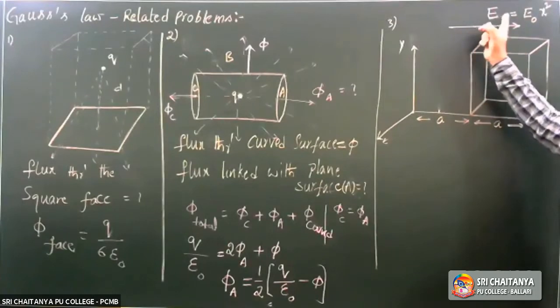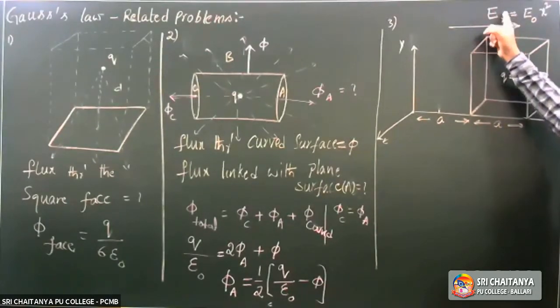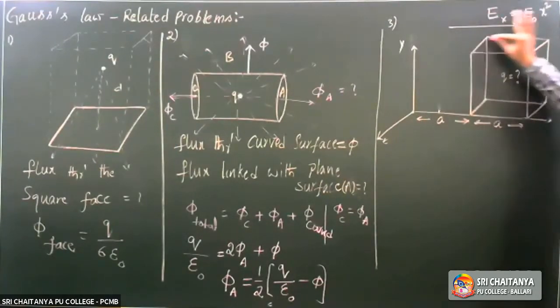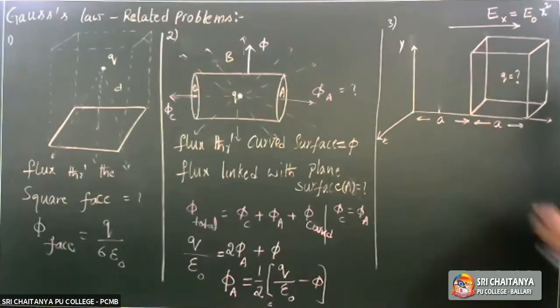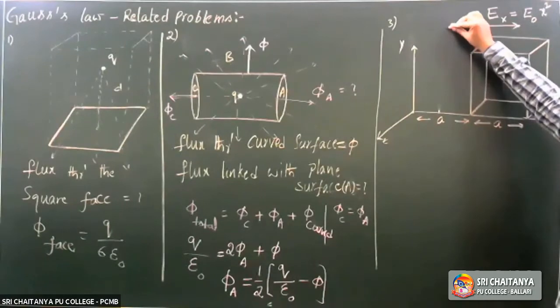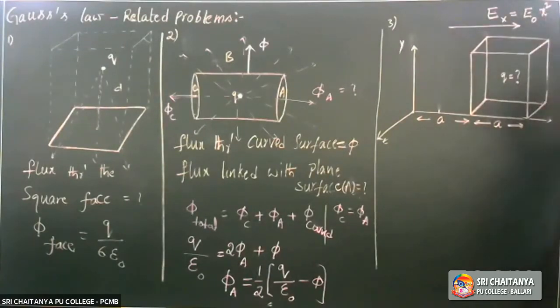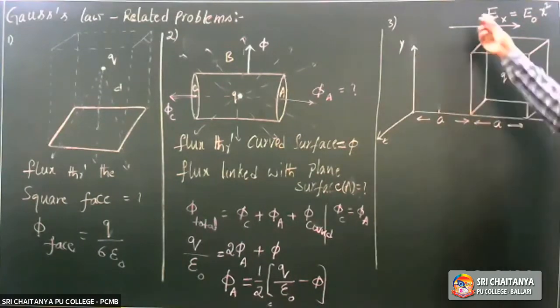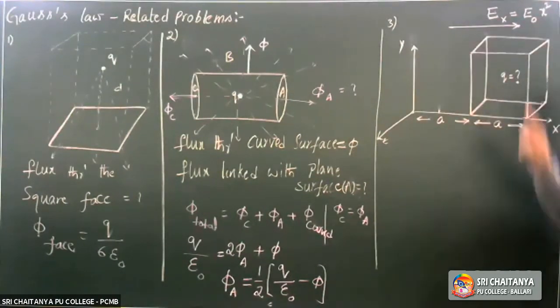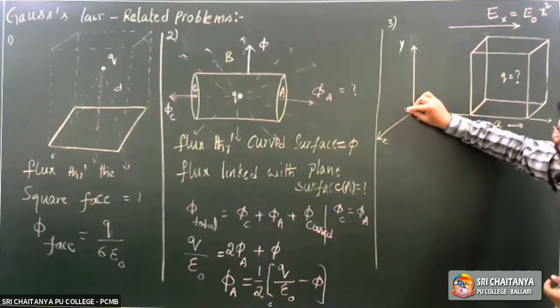It gives you information that the electric field is acting along the x direction. This is x, this is y, this is z. It is E naught x square, a function of distance from the origin.